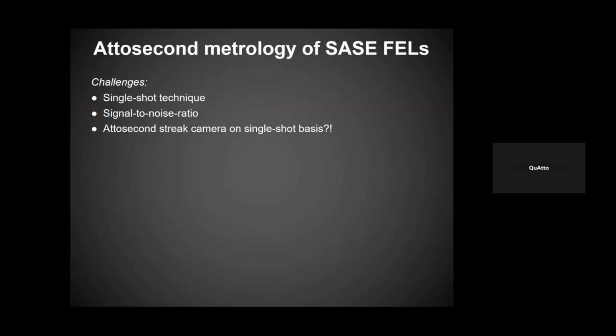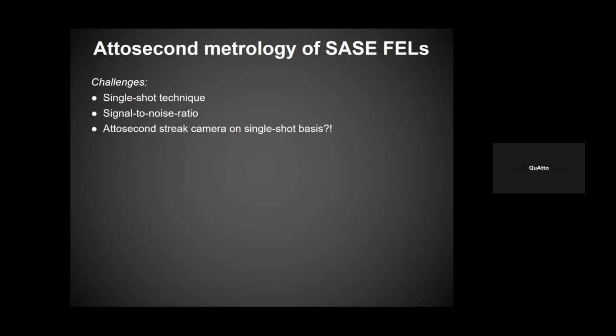This is not the case at free-electron lasers, apart from Fermi. So the characteristics of this attosecond waveform will change from shot to shot. And the challenge is how to maximize the number of shots in which we have really isolated attosecond pulses, and then also to characterize the temporal structure on a single-shot basis. These are really the challenges.